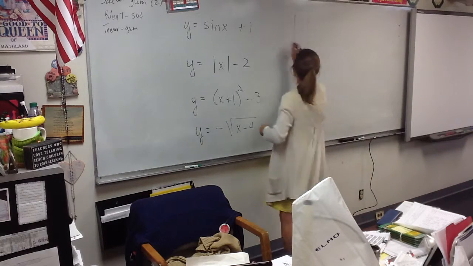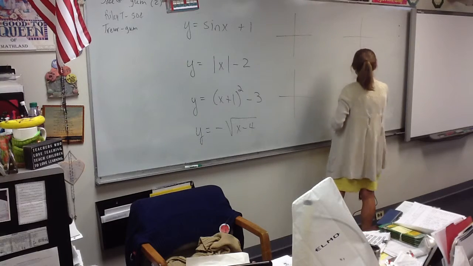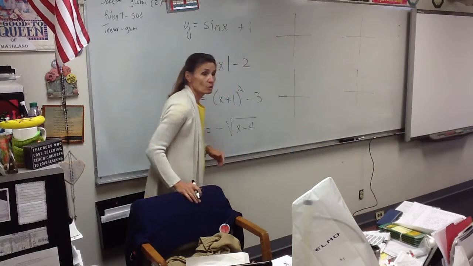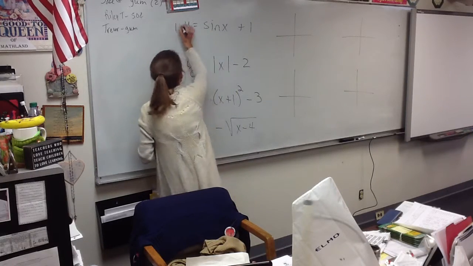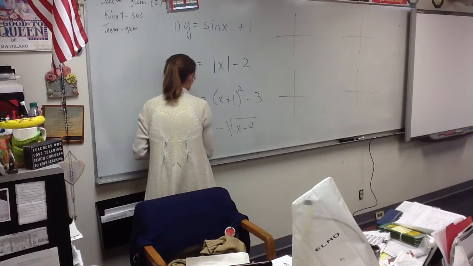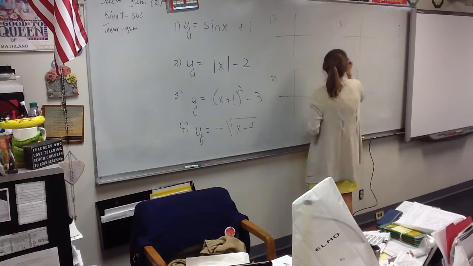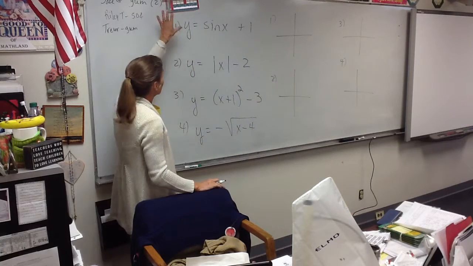I want you to sketch these. They involve the BFFs, but I've made some changes, just like we did on the quiz we took the other day. So let me number these. And I just want to go back over this and make sure everybody's clear.